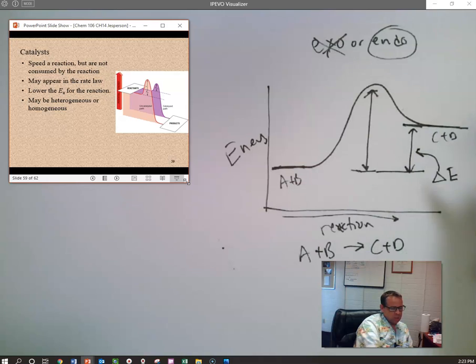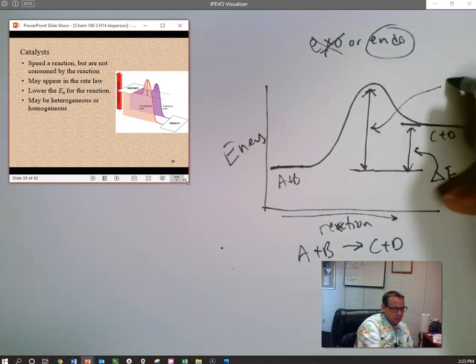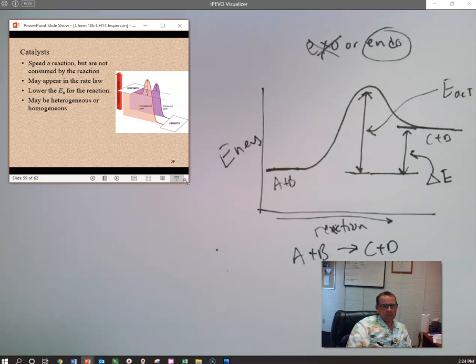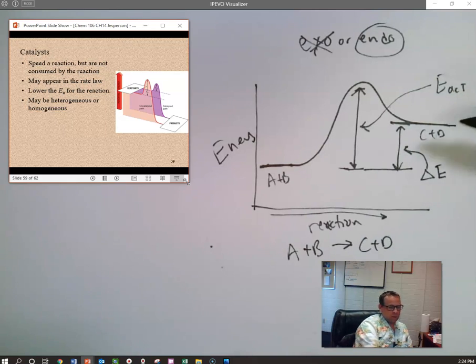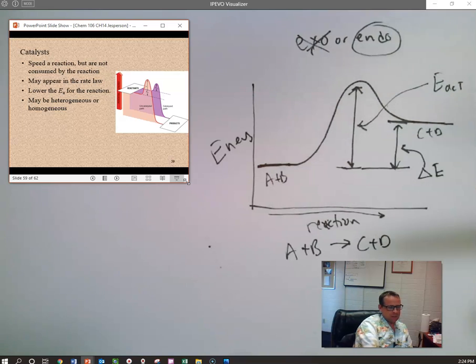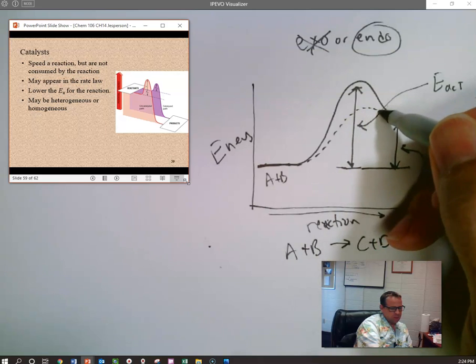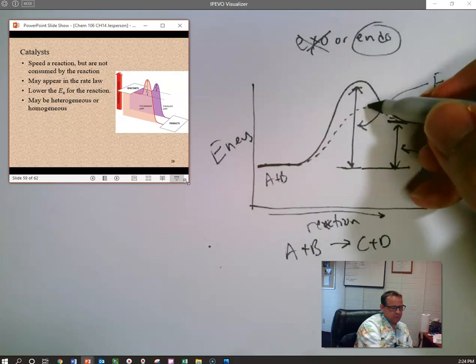So this is my change in energy. But this is what we call our activation energy. So when you have a catalyst, you don't change where the energy for the products are or where the energy for the reactants are. You just make it easier for the process to occur by lowering the activation energy.